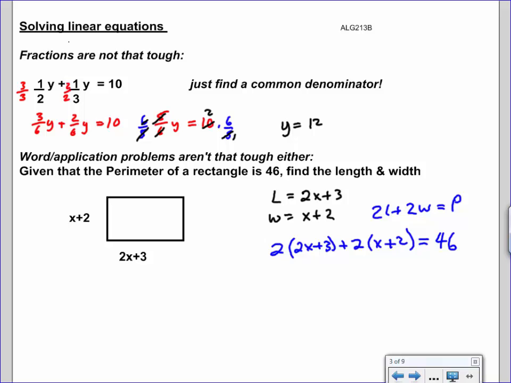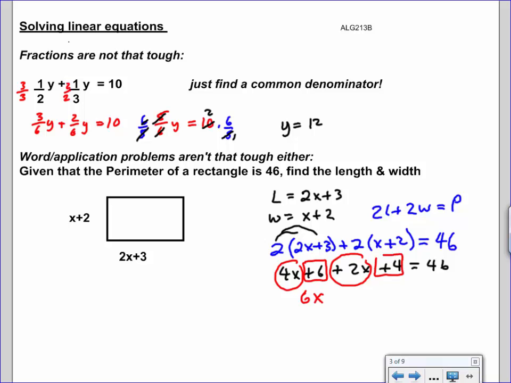Now you know how to do this problem. Distribute. So you have 4x plus 6 plus 2x plus 4 equals your perimeter of 46. Now combine common terms. 4x and 2x, 6x. Combine 6 and 4.